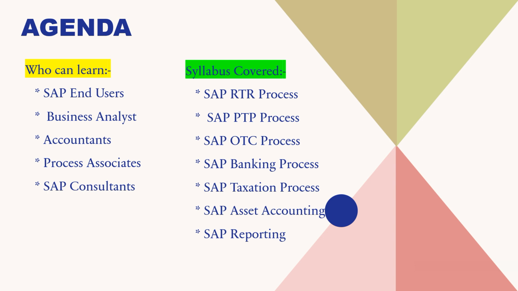In the SAP P2P process, P2P means procure to pay. In this we'll be learning how to handle different kinds of purchases, like PO based and non-PO based purchases: purchase requisition creation, then purchase order creation, then goods receipt posting, then vendor invoice posting, then payment, how to make the payment to the vendors, then how to do reconciliation.